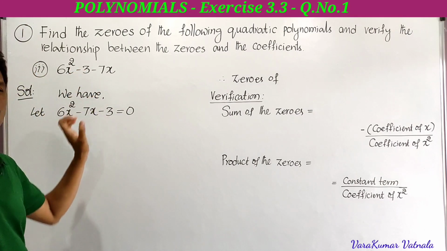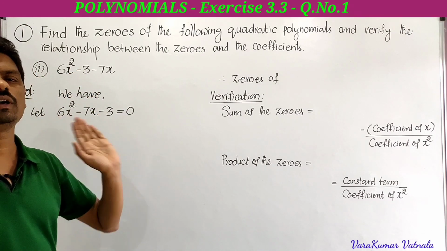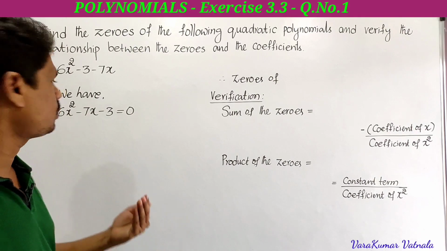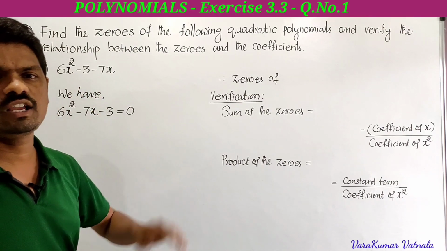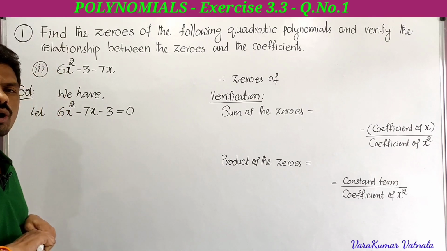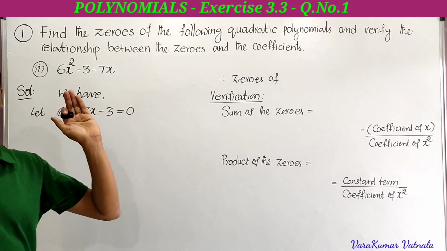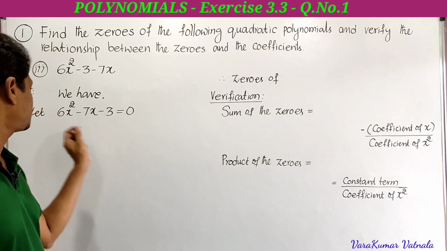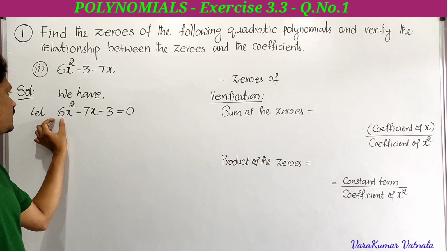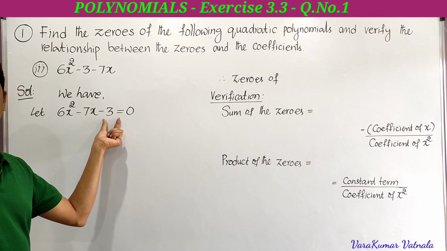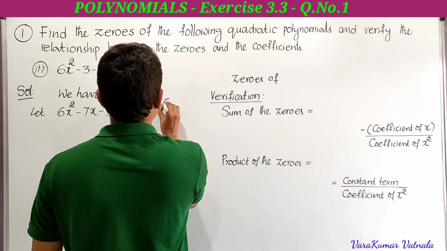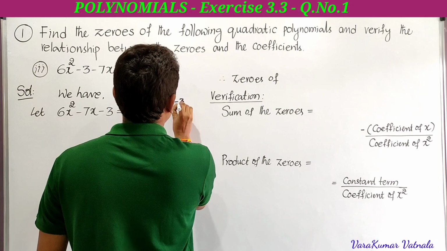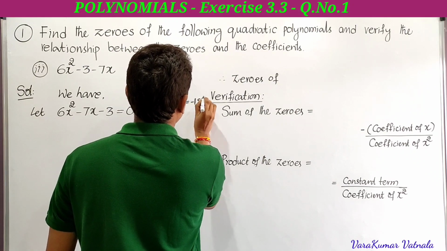To find the zeros, let the given polynomial equal 0. So let 6x² − 7x − 3 = 0. Now how to find the factors? By splitting the middle term. The coefficient of x² is 6 and the constant is −3. Multiplying, 6 × (−3) is −18.